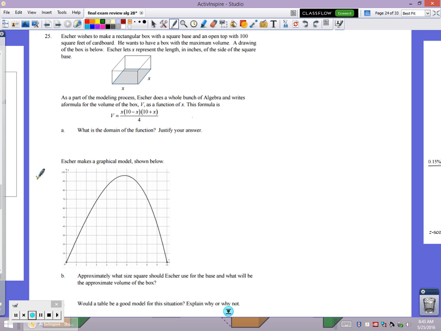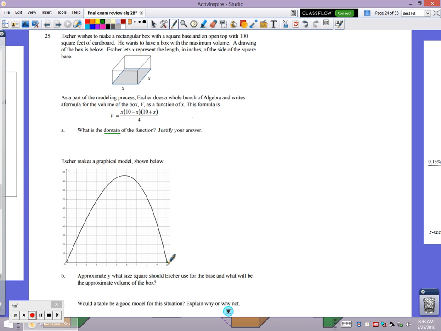All right. As a part of the modeling process, Escher does a whole bunch of algebra and writes a formula for the volume of the box V as a function of x. And this is the formula that he found. All right, what is the domain of the function? Justify your answer. If I think about domain, for me, visually makes more sense. So I would maybe come down here and look at this graphically.